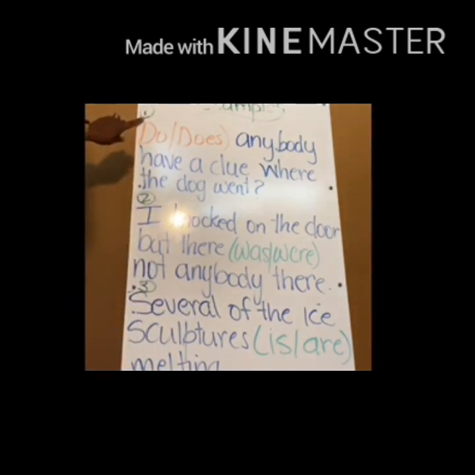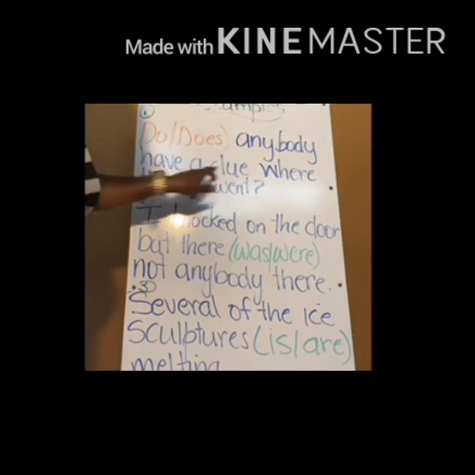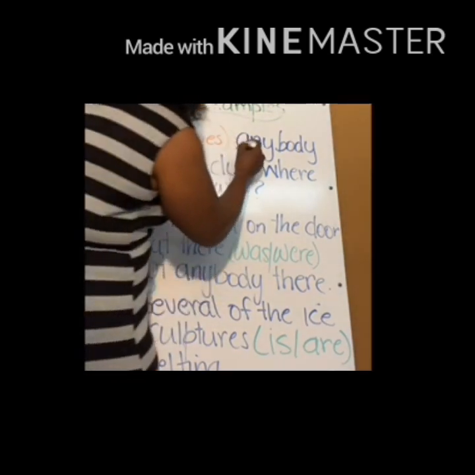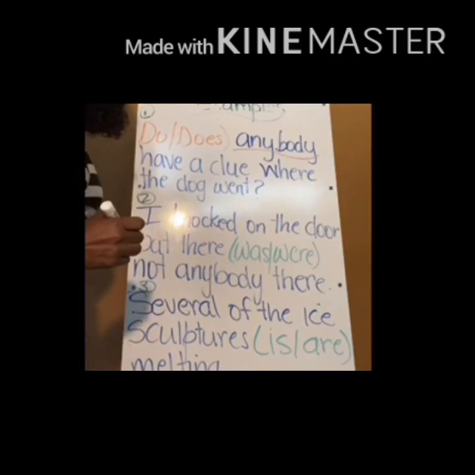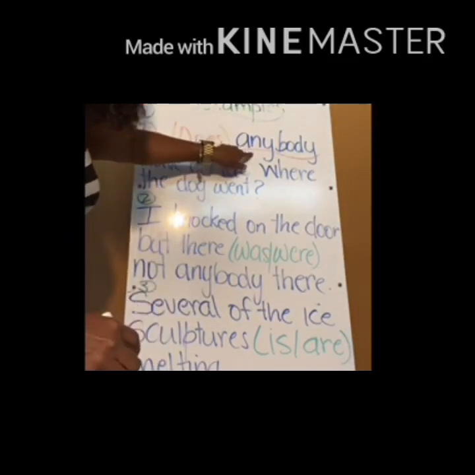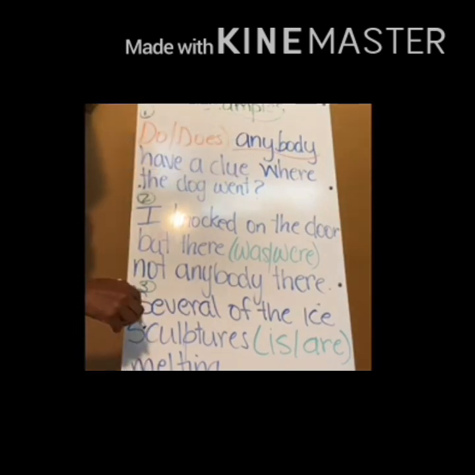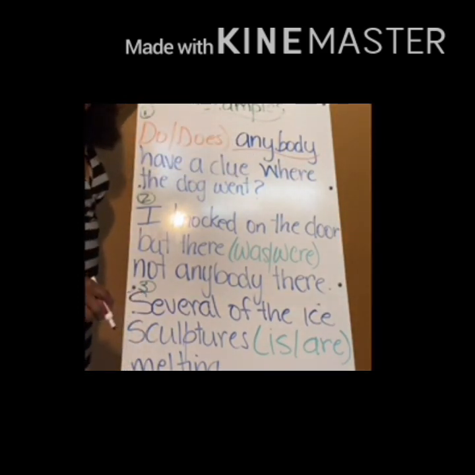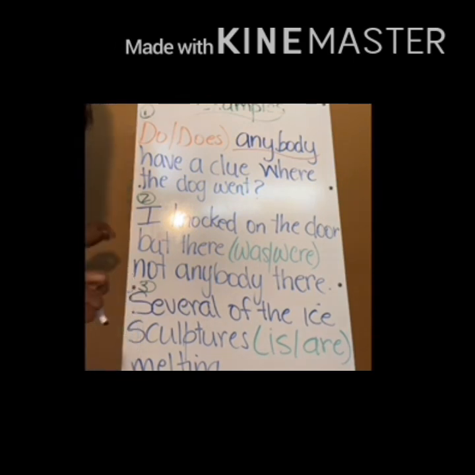So number 1, do or does anybody have a clue where the dog went? Now, we have to look for our clue word, our indefinite pronoun. Our indefinite pronoun is anybody. Now, here is anybody. Anybody is on the singular side, so anybody is singular.